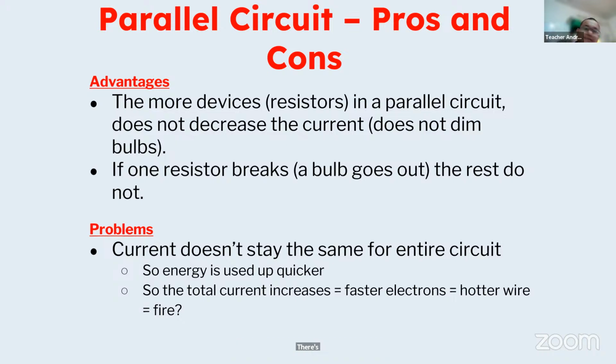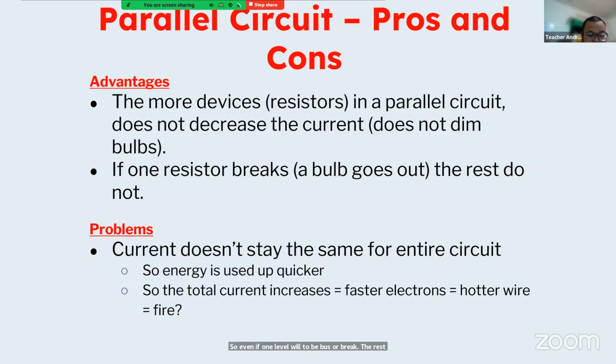We know that in a series circuit, the more light bulbs we add, the dimmer they get. However, for a parallel circuit, no matter how many light bulbs we add, all will light brightly because the parallel circuit does not decrease the current. So even if one light bulb were to burst or break, the rest will still light up.